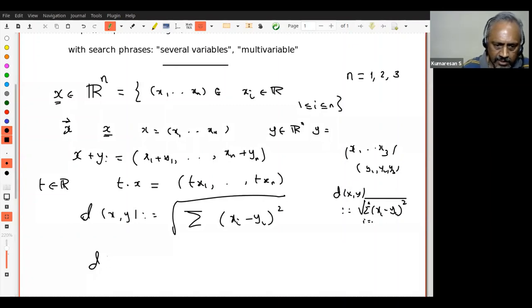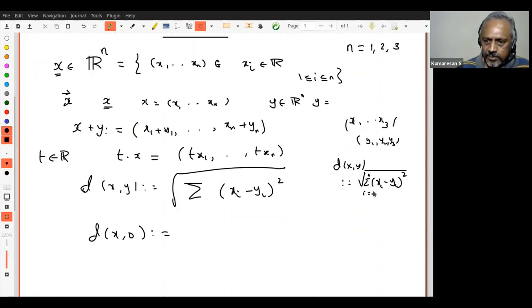Now let's look at the distance between x and 0. Because of this, we are generalizing to any Rn space. We know for 2 and 3 what it means, the distance between x and y, even n equal to 1. We generalize the formula to n.